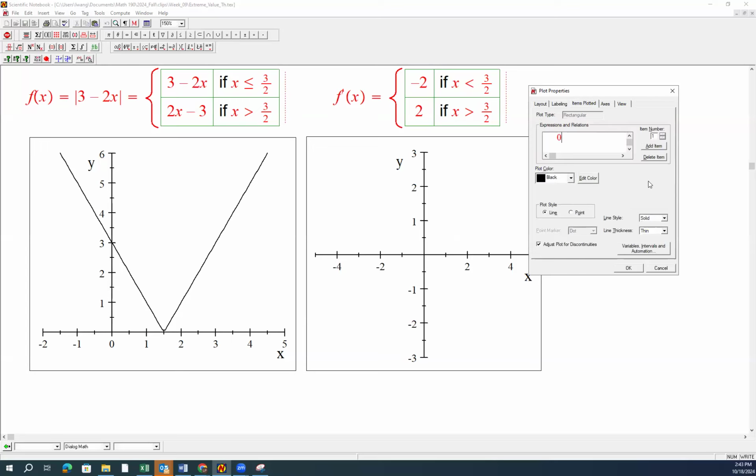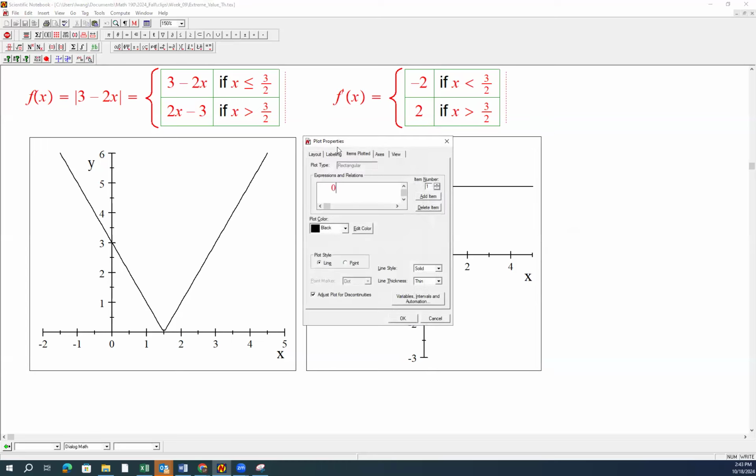One is 0, 2. And the other, there's a circle, and there's another circle.